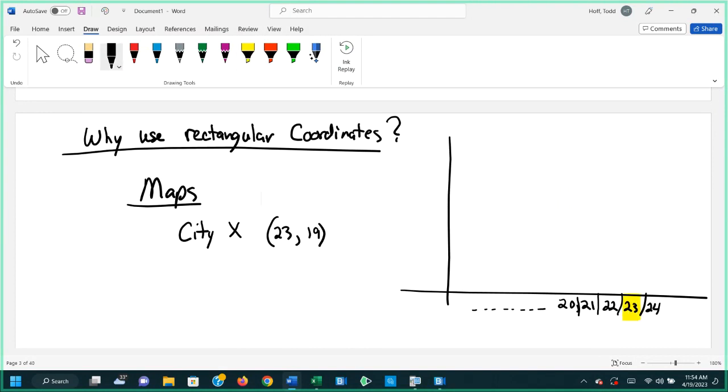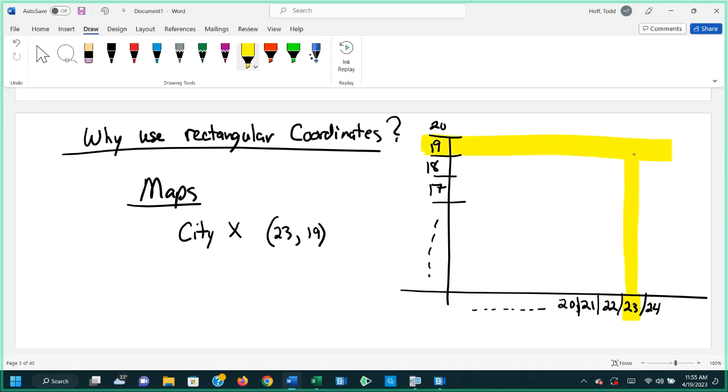Going up the side, again, find the spot that's labeled 19. Trace the 19 over, the 23 up. And that's going to give you an approximate location. Somewhere in there is where city X is.